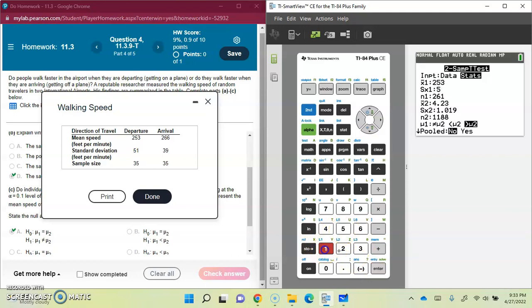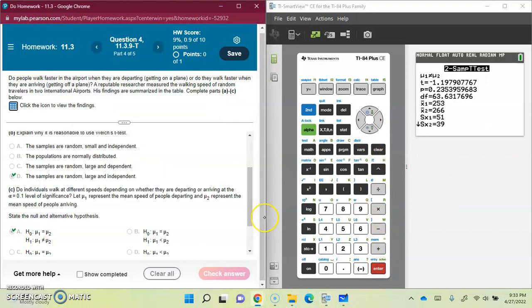S1 is 51.35. Then X2 bar is 266, S2 is 39, and again, n is 35. So pay attention, even if the sample sizes are the same, these are independent samples. And we have to highlight the not equal to type, and go to calculate.